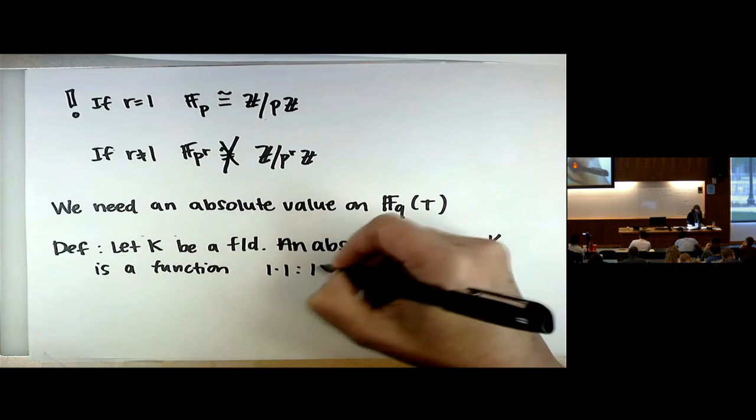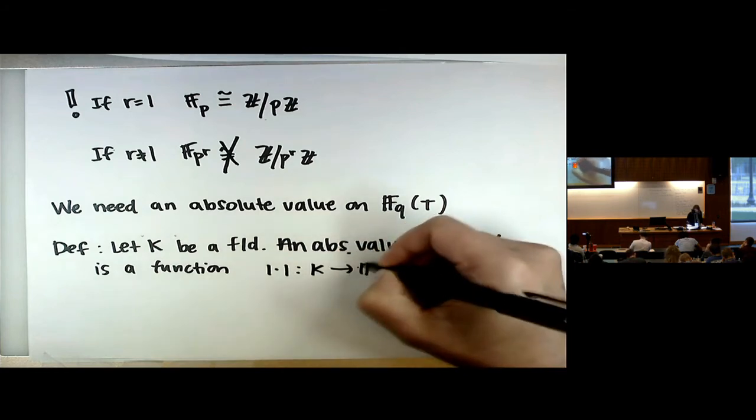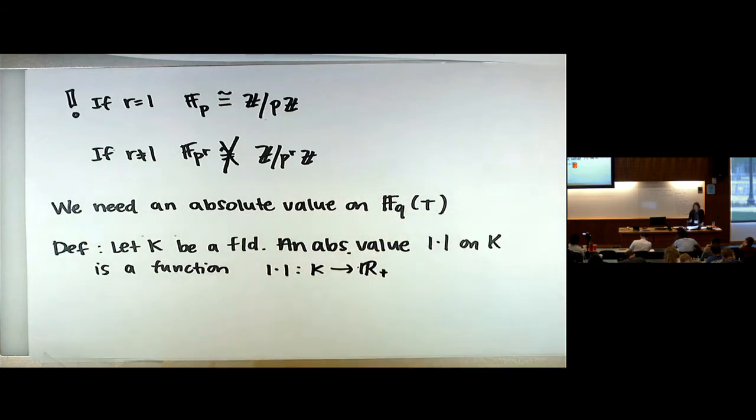It goes from K to the positive real numbers. I'm going to talk about real absolute values. You can get a lot fancier than this, like a linearly ordered group or something, but we're going to keep it simple and just assume that things have sizes that are positive real numbers.